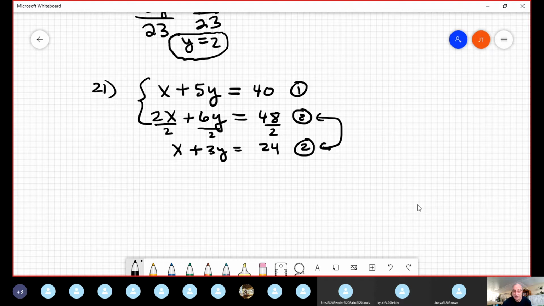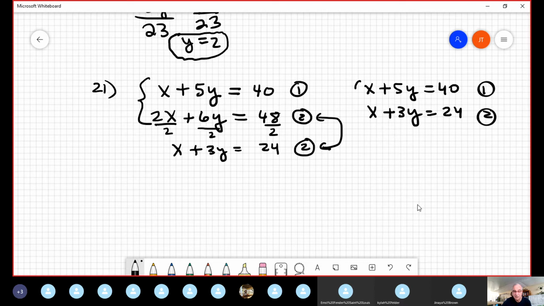Now my problem is x plus 5y equal 40, and x plus 3y equal 24. Equation 1 and equation 2 are exactly the same as the original. So now I need to solve this. You take the first equation and solve for x because the coefficient here is 1. Also it is 1 here. You take either one.